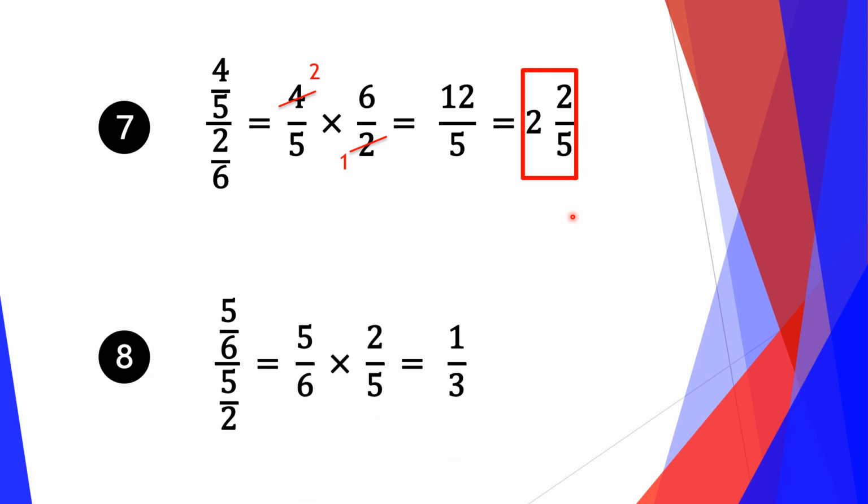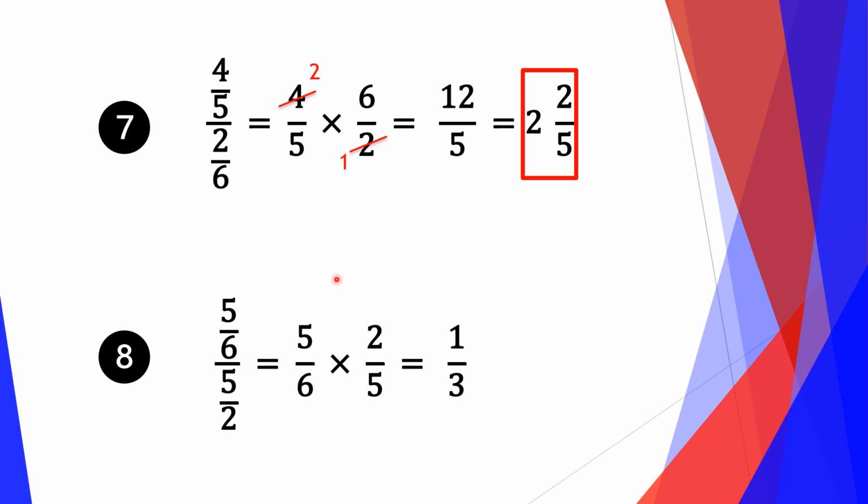So moving on to question 8, we have 5 over 6 divided by 5 over 2. Again, we keep the first fraction as it is in division. We change the division sign into multiplication and take the reciprocal of the second fraction. We just flip it over and write it down as 2 over 5. Now we can cancel, because 5 goes into 5.